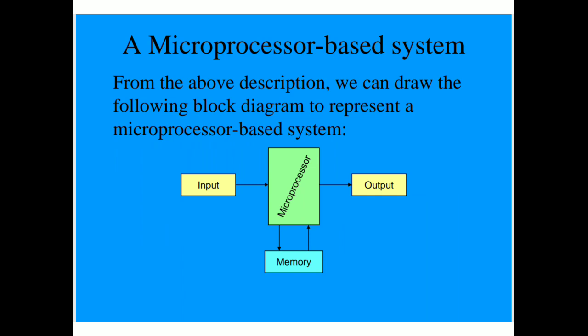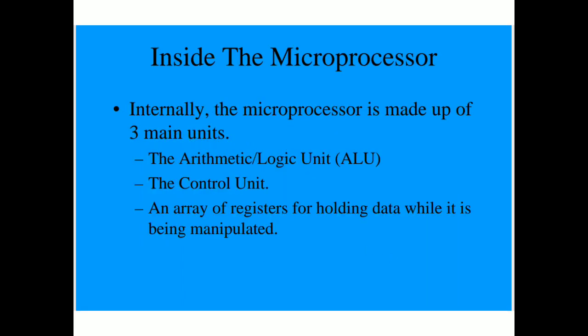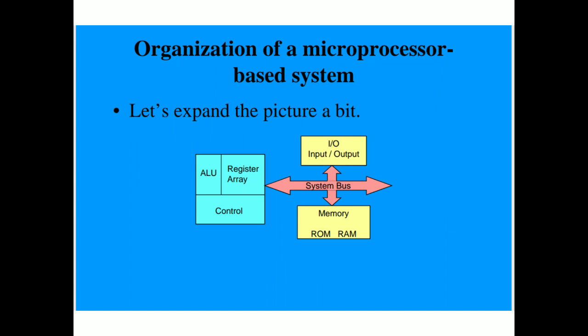The major components of a microprocessor, or you can say CPU, are arithmetic and logic unit, timing and control unit, and registers. So, what does an arithmetic and logic unit do?